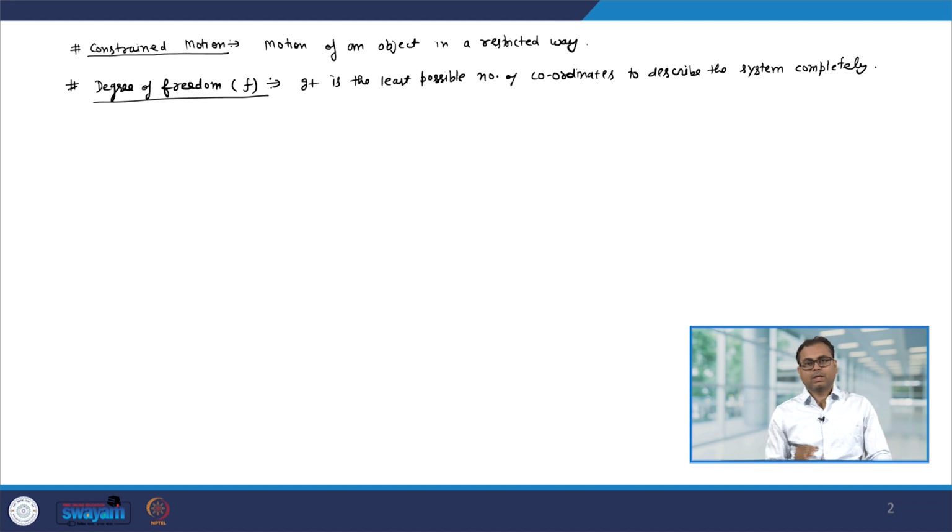So, for example, you have a particle and let us say that particle is moving in one dimension. In that case, the degree of freedom of the particle is 1. We will again look at the examples of various degrees of freedom.